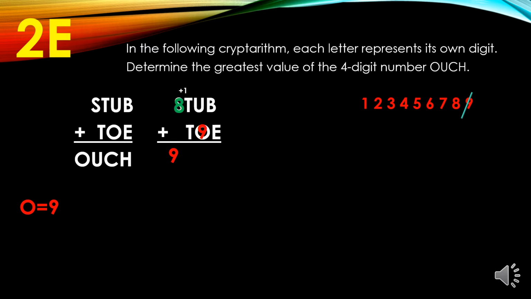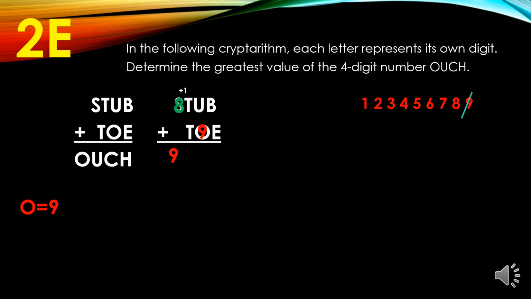What would be the number that would give us 16 with the carry 1? 3 plus 3 is 6 plus 1, no. Something that will give us 16 because there's a carry 1. So, 6 is not possible for letter U.